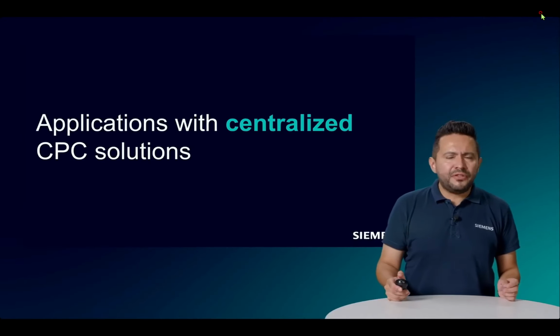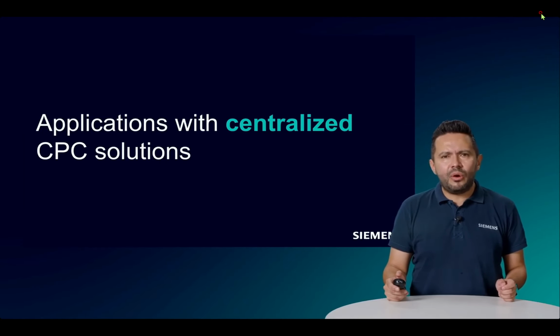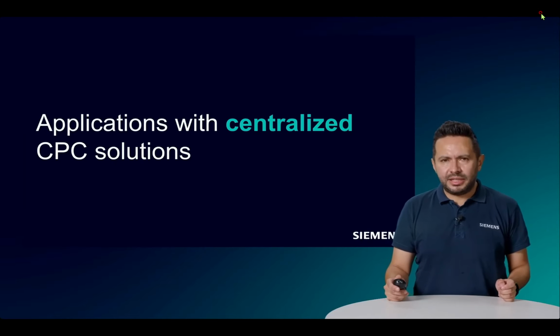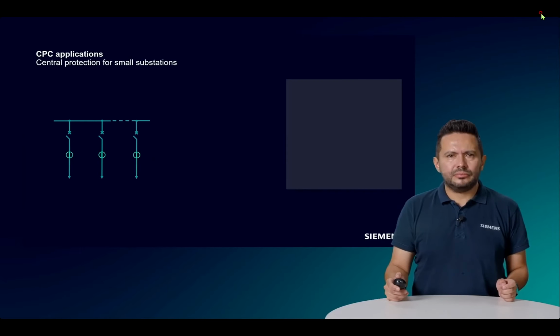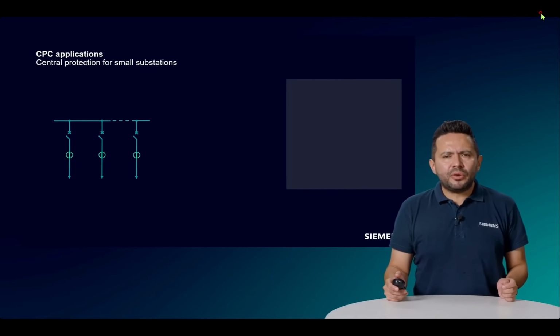Okay, the first group of applications that I want to share with you are related to centralized solutions. I mean, only one 7SX85 receiving all the information from analog and binary signals. The first application that I will show you is for a standard substation used by DCOs or industrial companies, like the example shown in this slide.